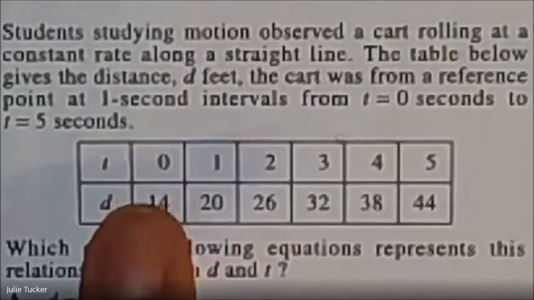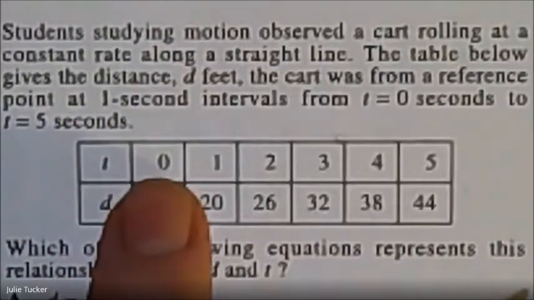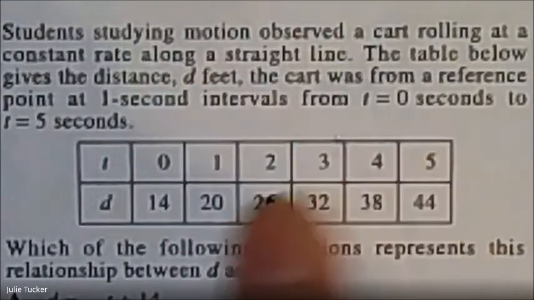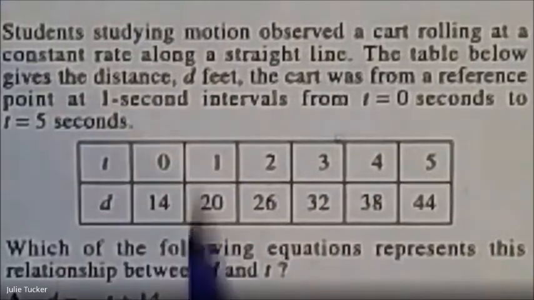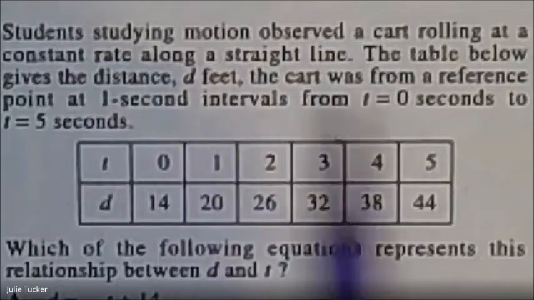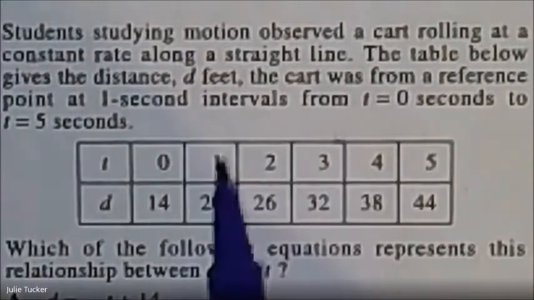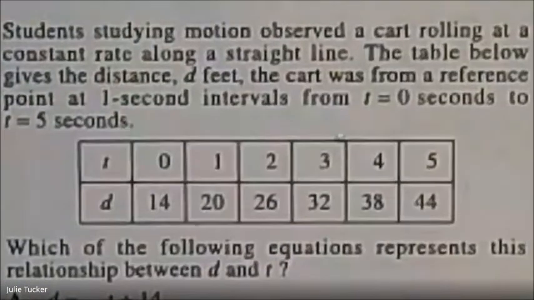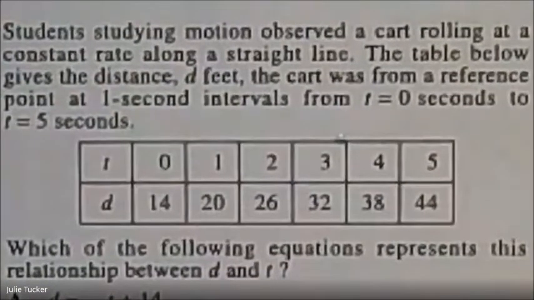Here's the t for time, and it goes 0, 1, 2, 3, 4, 5. And this is the d, the distance in feet, so how far it was away from something.